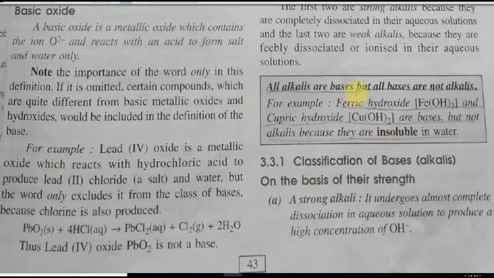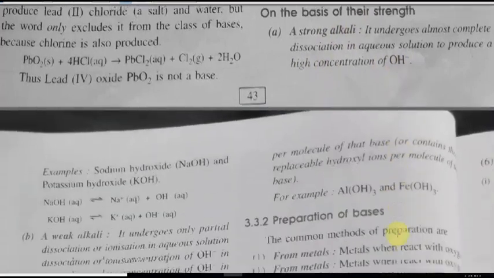Now, bases are strong or weak. Similarly, alkalis are also strong or weak. Students, we can recall the classification of acids which we have discussed in class. So we can also classify bases on various factors. Now, classifying the bases on their strength. A strong alkali produces a high concentration of OH minus in the water solution.